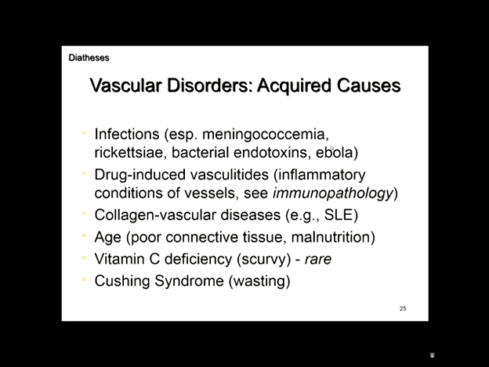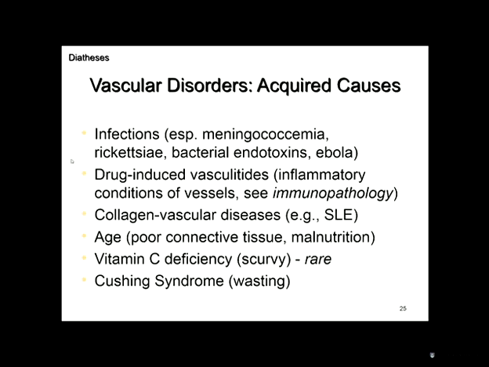All right. Most of them are acquired. So when it comes to vascular disorders or petechiae or platelet disorders, these are mostly caused by external factors. So infections, drugs, vascular diseases, age, vitamin C deficiency, Cushing syndrome. This is just a laundry list of things that can do this.